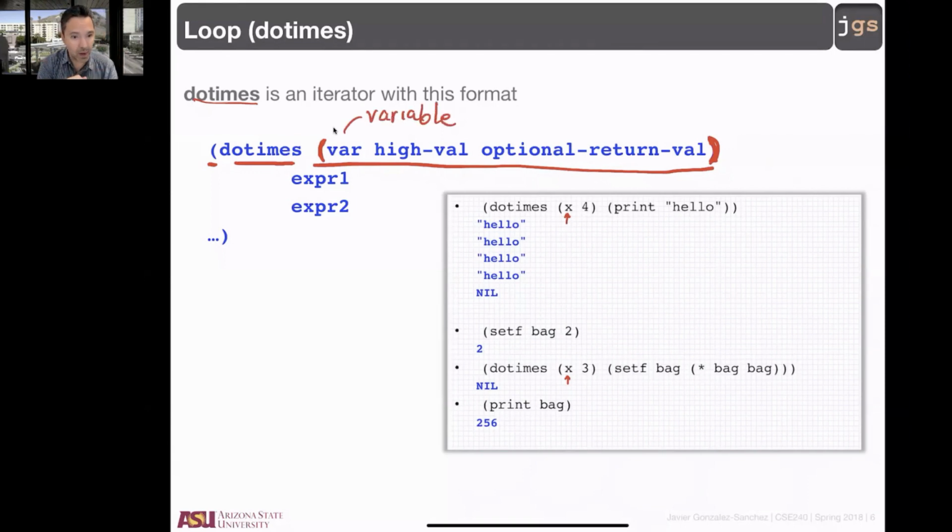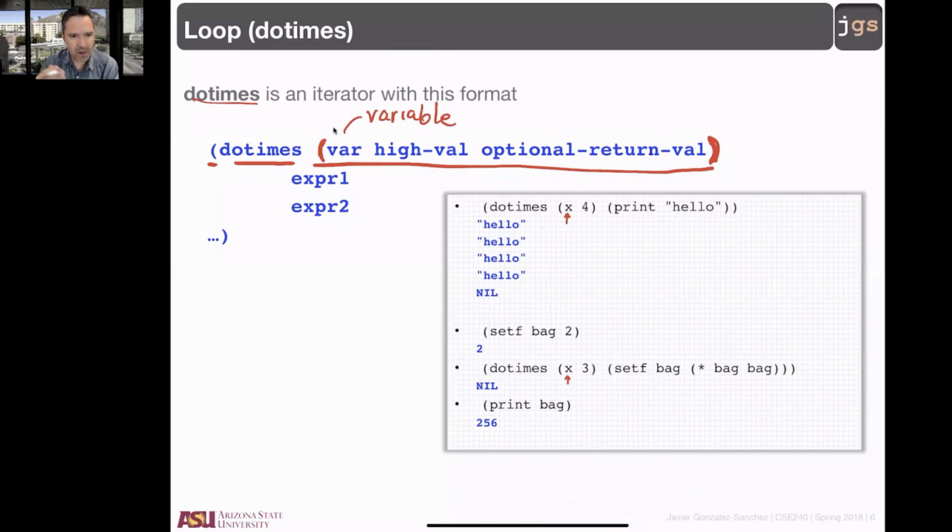It's a variable. Why? Because for a loop, you need to have a counter of how many times that loop has worked, just like the variable that you use for the for. Parentheses, do times, parentheses, and the element that you put here is the name of a variable, the name of the variable that is counting how many times the loop has run, your index, your variable I in the for.